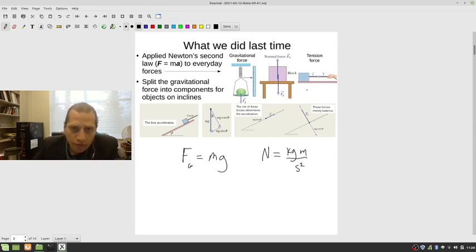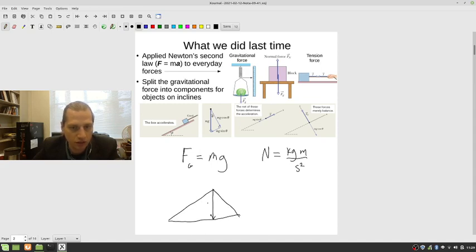And we finally put these things together with a block on an inclined plane, a famous physics problem that is a little bit tricky because it requires us to split up our forces into two directions instead of just having our mg.